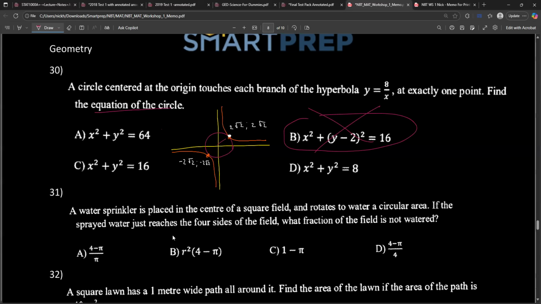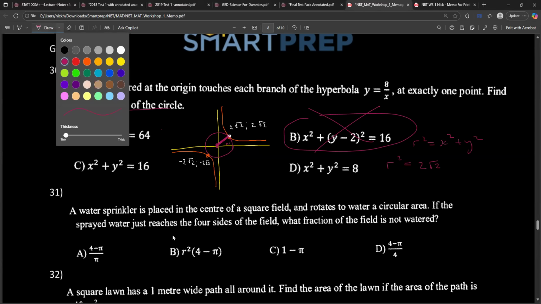The radius of the circle will go from the center to that point. If I simply use Pythag, because I can drop a perpendicular here, I will say the radius r squared is equal to the x value squared plus the y value squared. See that in this equation. Let me just do a different color.